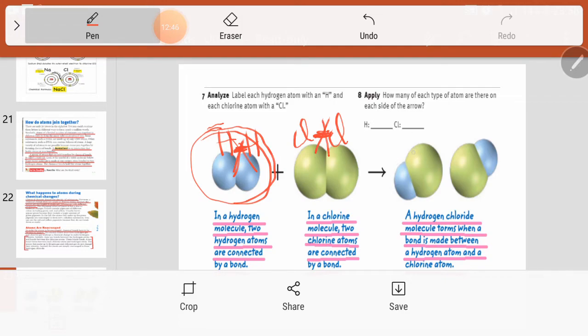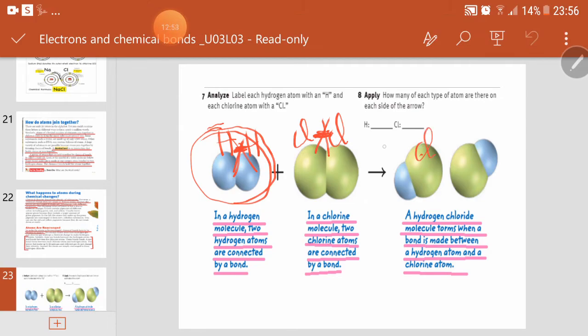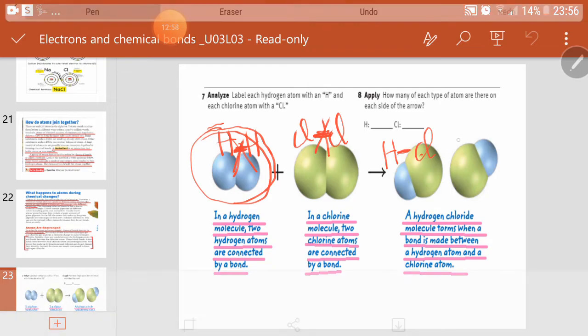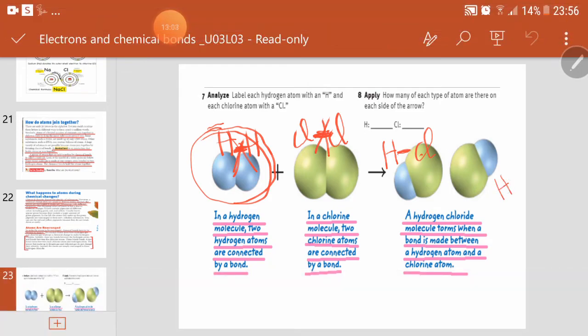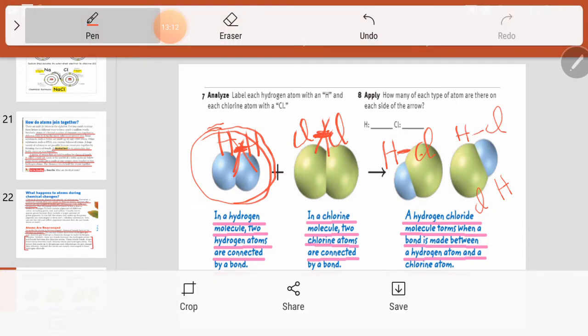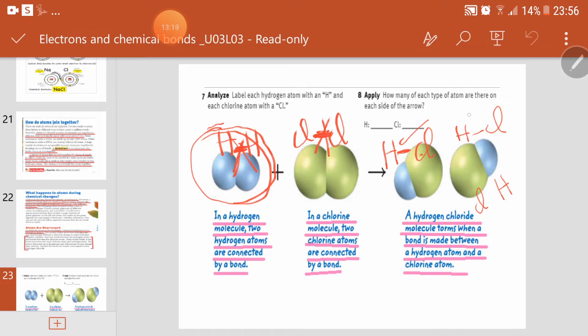Between chlorine gas and hydrogen gas. This is chlorine, this is hydrogen. So I have here HCl. This is also hydrogen, this is chlorine, so it will also be HCl. The same. Now what happened here? A new chemical bond is formed.